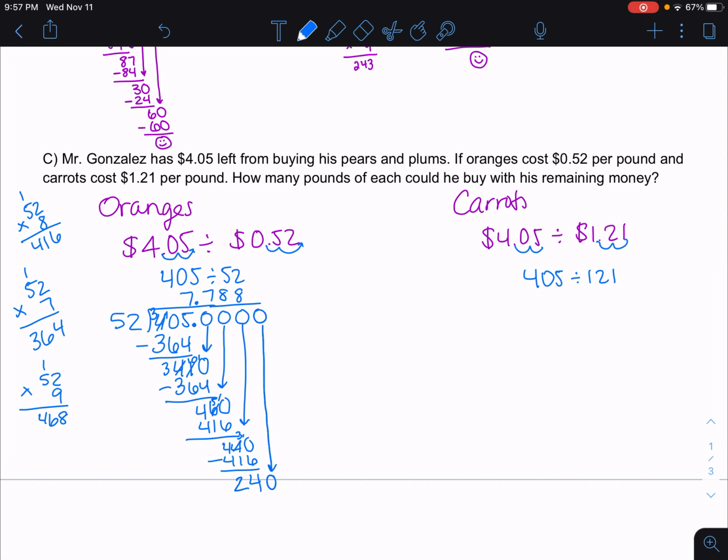So 240. 7's at 364, so let's try 52 times 4. 4 times 2 is 8. 4 times 5 is 20, so 208. Let's try times 5. 5 times 2 is 10. 5 times 5 is 25, 26. That doesn't work, so it's going to be 4. And I'm at 208.